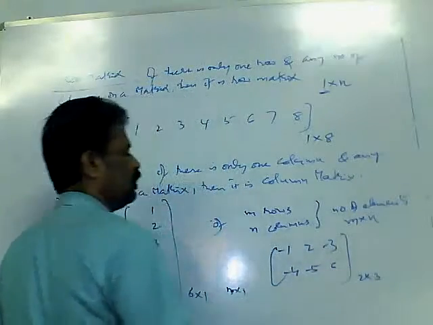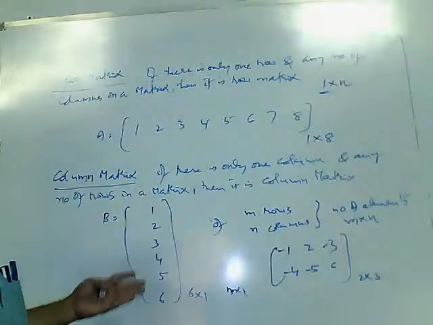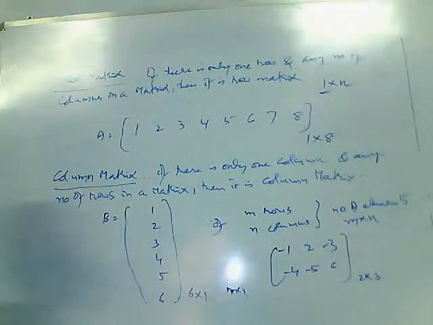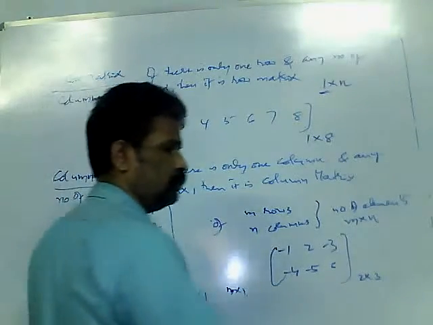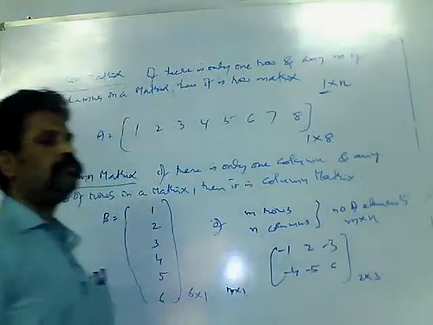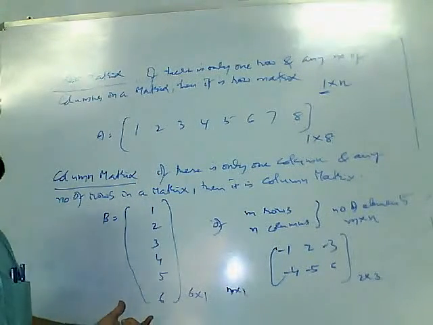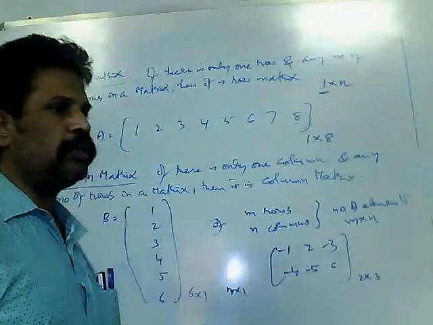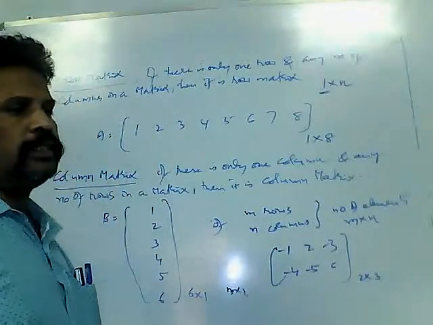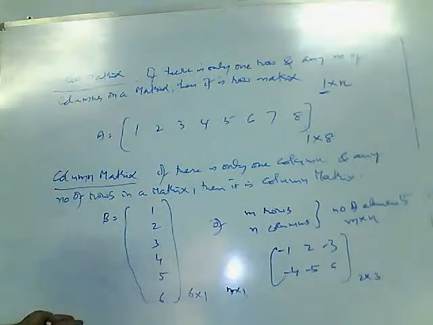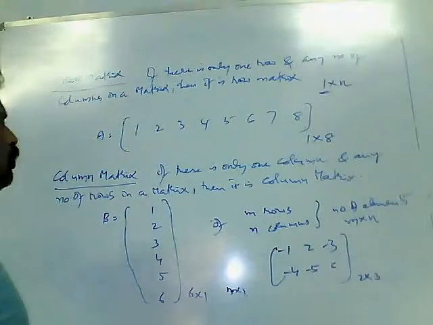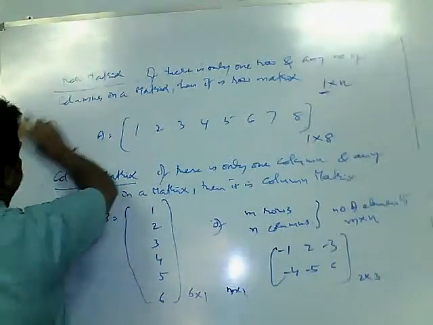The number of elements of the given matrix is the product of the number of rows and the number of columns. I think you are able to understand, because the concept is very simple common sense, right?